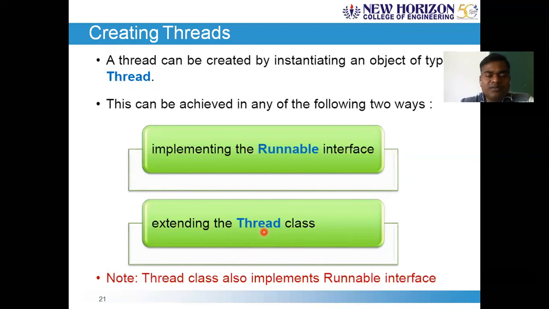That is the only difference. Here, things are ready by 50%. Here, 100% of things are ready. You just extend and customize as per your requirement. So these are the two different techniques we have in Java to create new threads or your own threads.